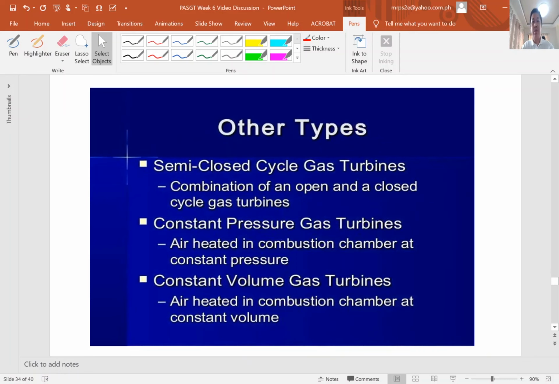So other types. Semi-closed cycle gas turbines, a combination of an open and closed cycle gas turbine. Constant pressure gas turbines, where air is heated in the combustion chamber at constant pressure. Constant volume gas turbines, where air is heated in the combustion chamber at constant volume.